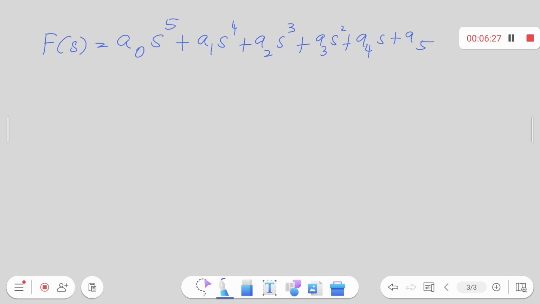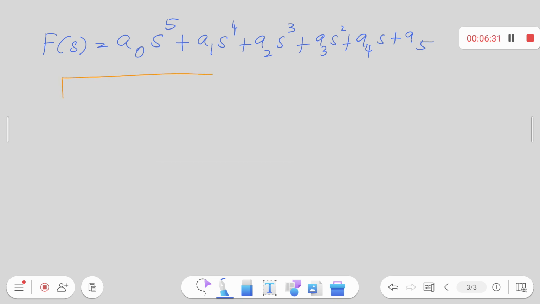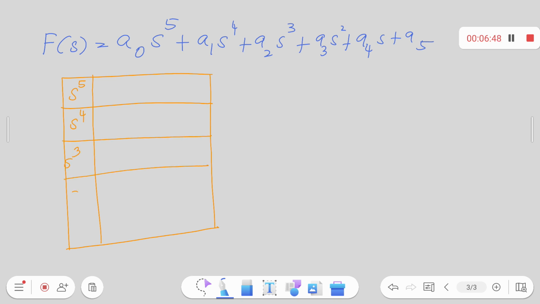So how to construct Routh array is, first we will draw a table. Now we have to arrange this according to the power of s in descending order. So we have the highest power s power 5, then s power 4, s cube, s square, s power 1, s power 0.